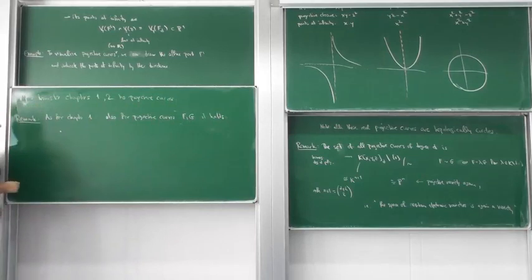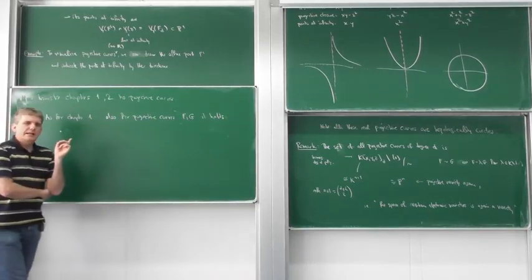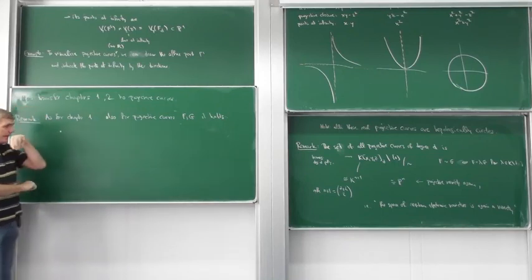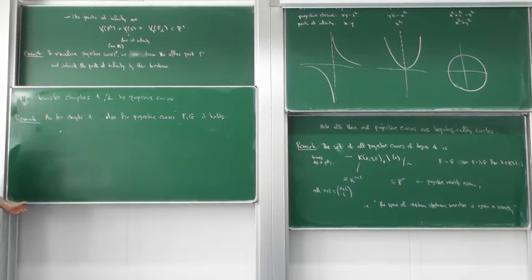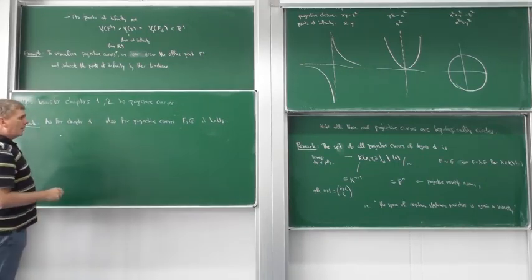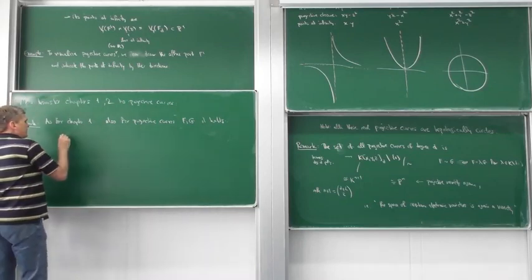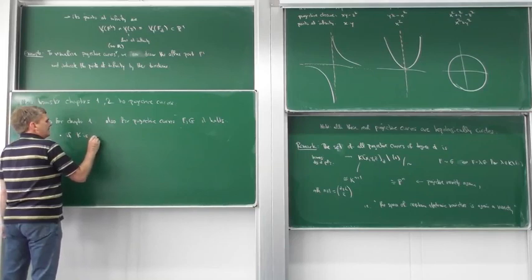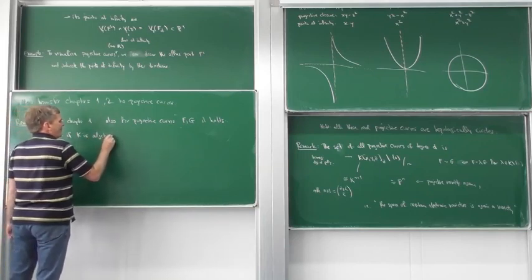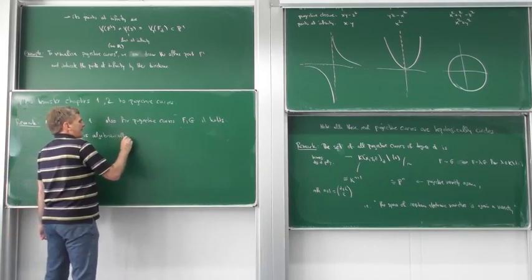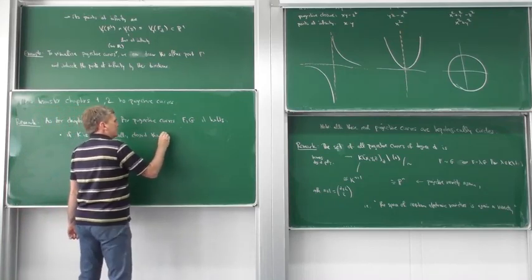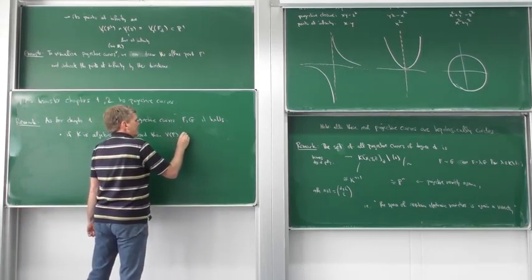The first that we started with was how many points we have on the curve: if the ground field K is algebraically closed, then the zero set is infinite.